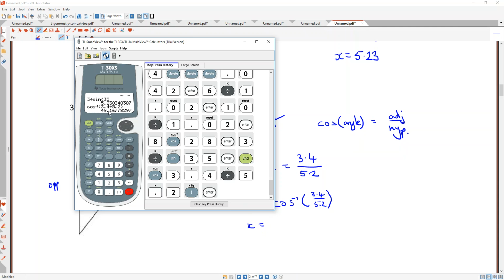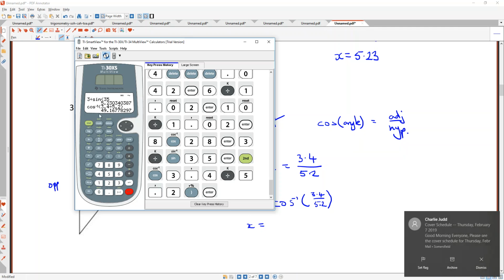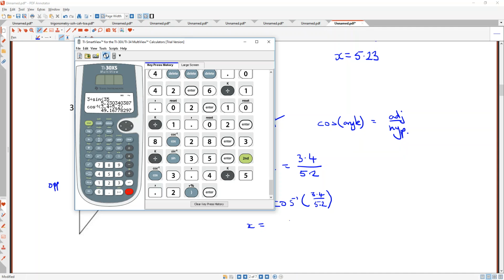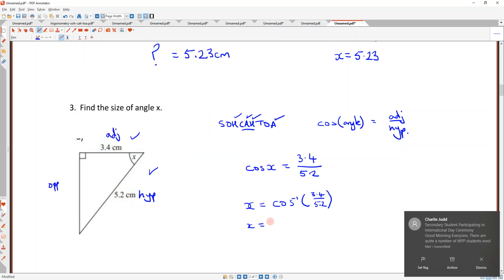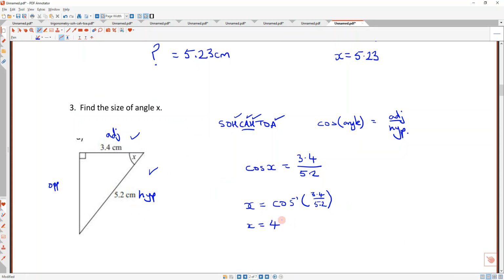Okay, and I'm going to round to 1 decimal place. Actually, you know what? If we were drawing an angle, I would draw it to the nearest degree. So I'm going to give this to the nearest degree, which would just be 49 degrees. Excellent.